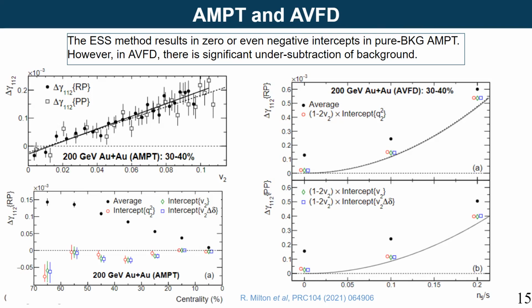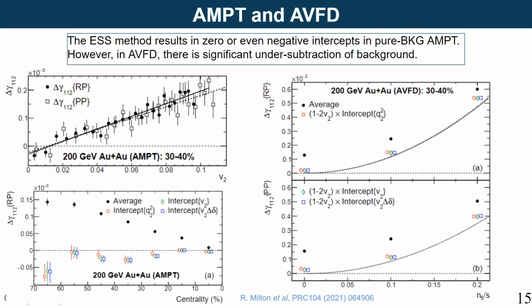It can describe some background, like resonance decay, but momentum conservation is already not perfect in AMPT. And local charge conservation is not specifically tuned for AMPT. So when we use even a simple way to do this projection, we over subtract.